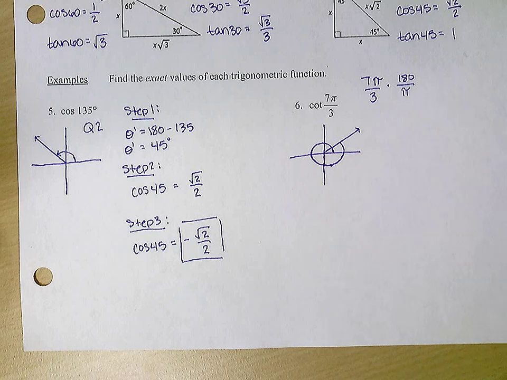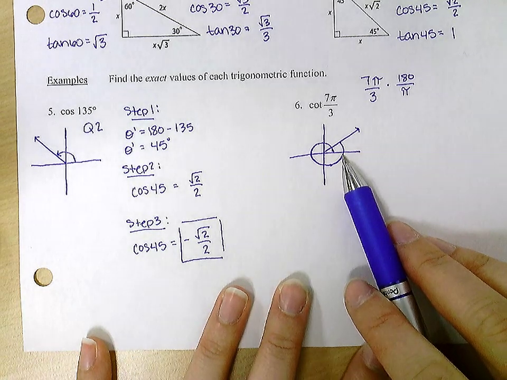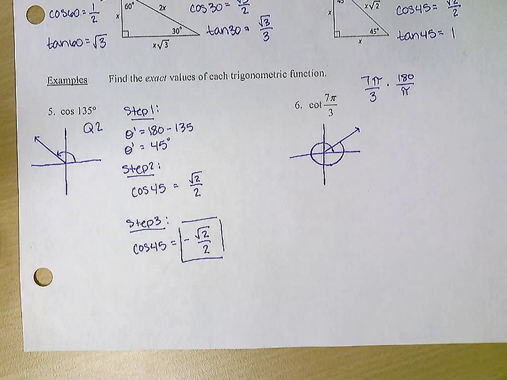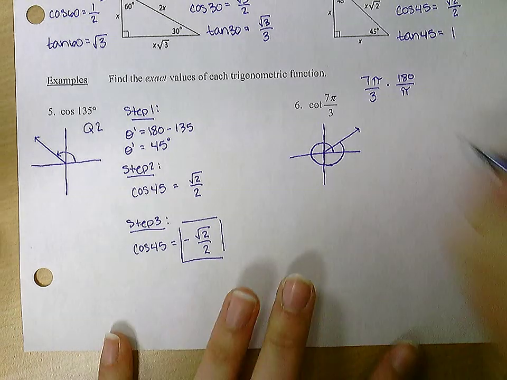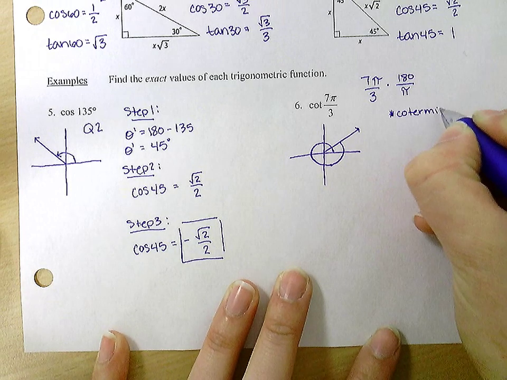Since this is over 2 pi, it's greater than 360. That means my next step is going to be to find a coterminal angle, not the reference angle. So for this one, we need a coterminal angle first.